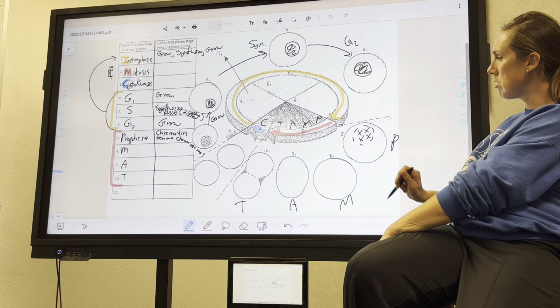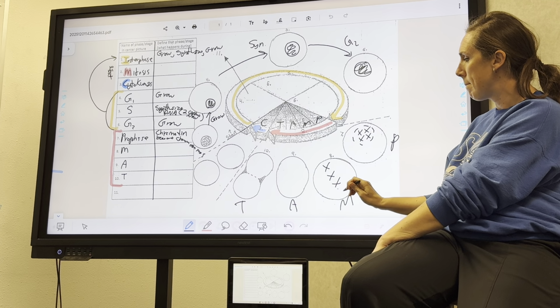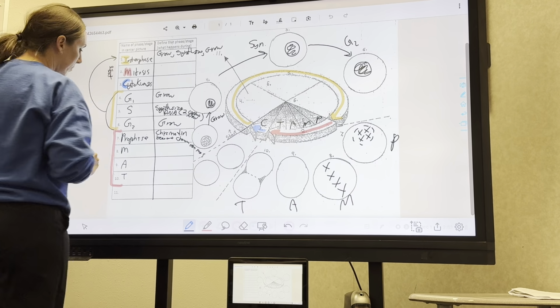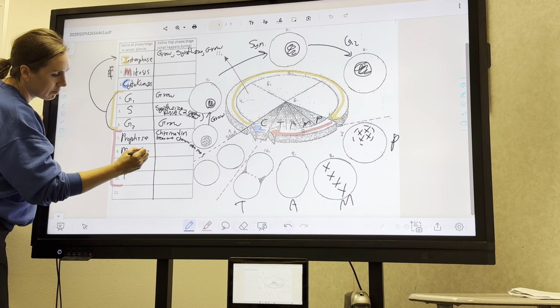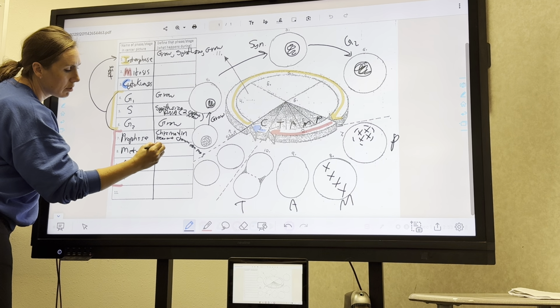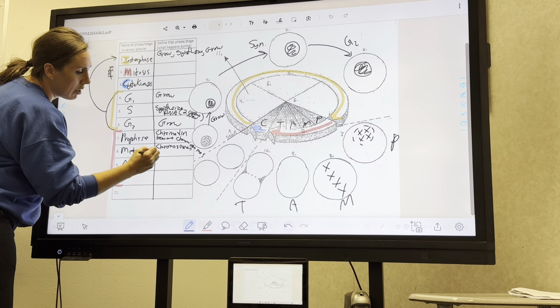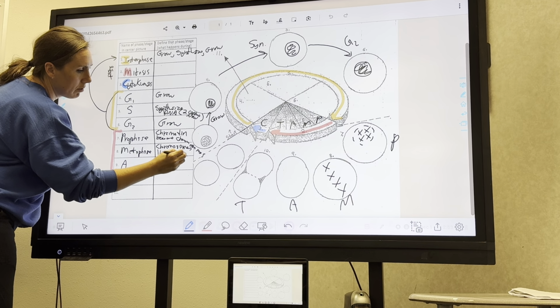Okay, metaphase, what do these chromosomes do? Meta, middle. Okay? Chromosomes line up in middle.